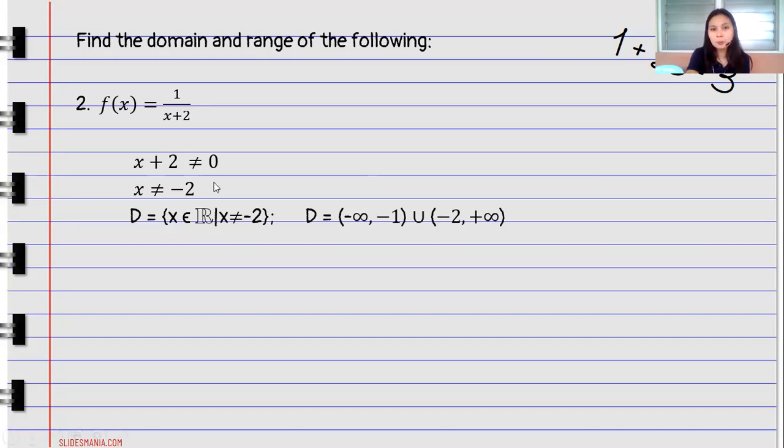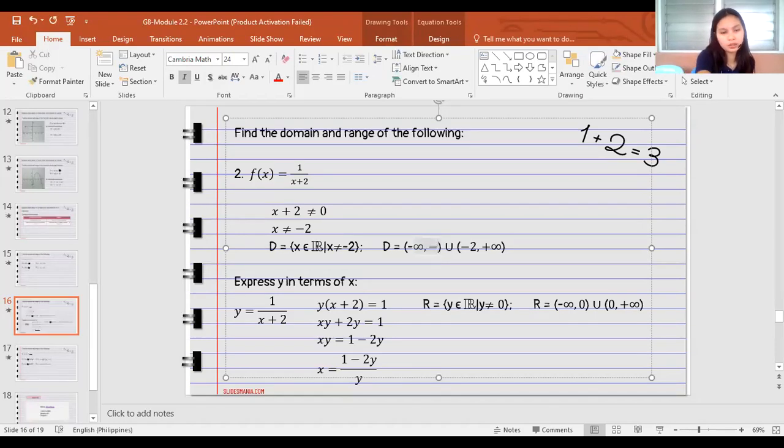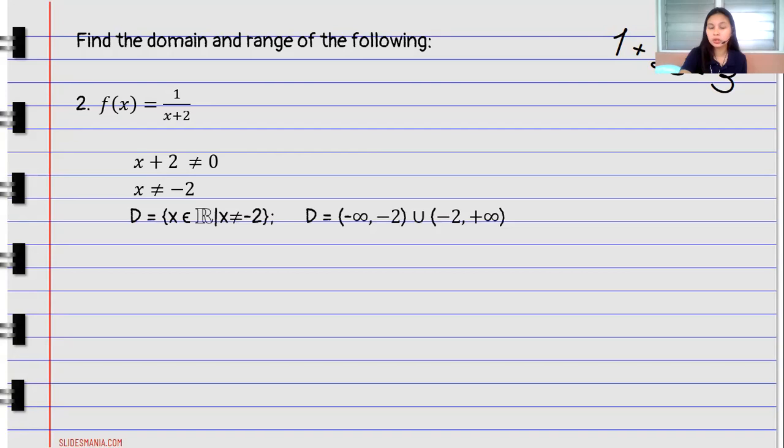Okay po? So, if we're going to find the excluded value, you're just going to think of a value of x that will make the denominator 0.